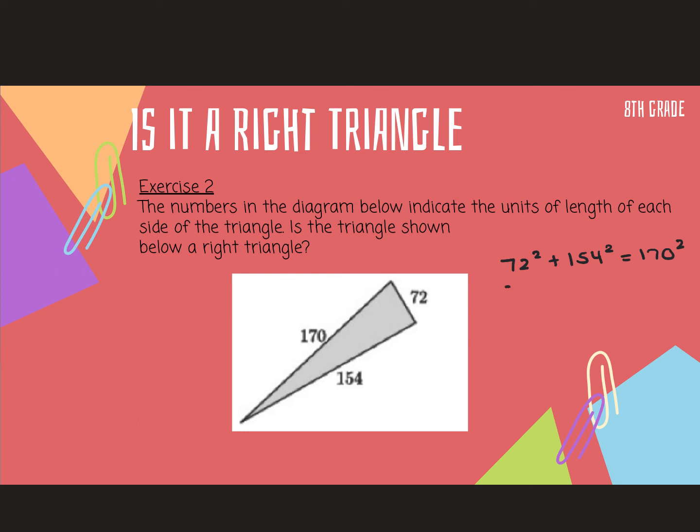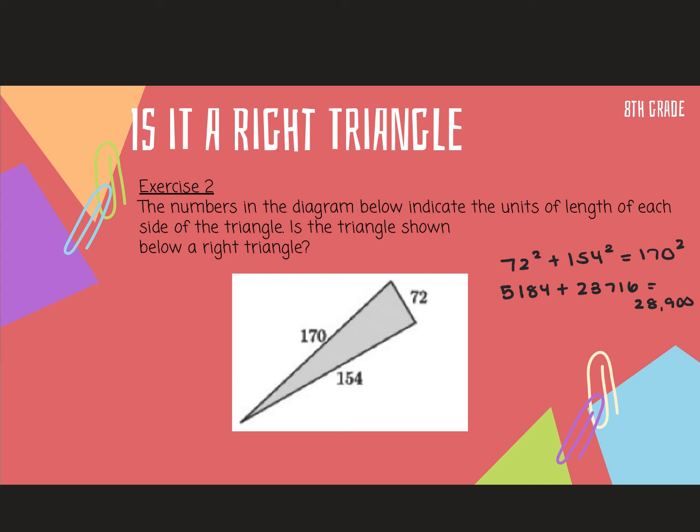All right, so 72 squared gives us 5,184. 154 squared gives us 23,716. And then 170 squared gives us 28,900.